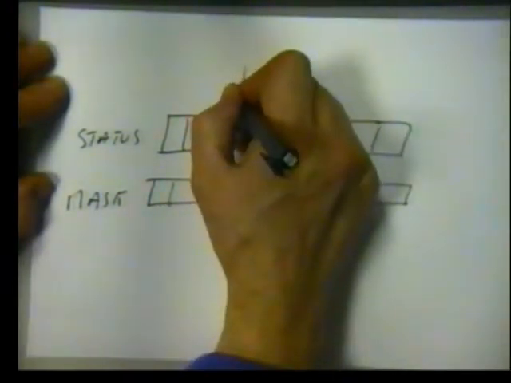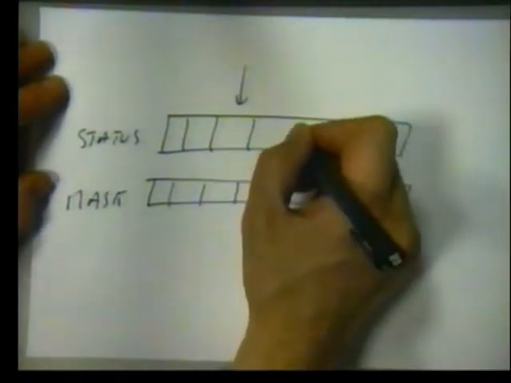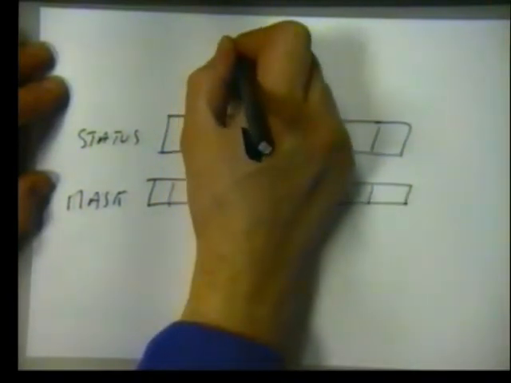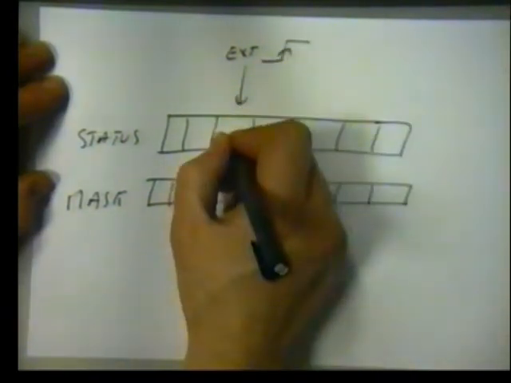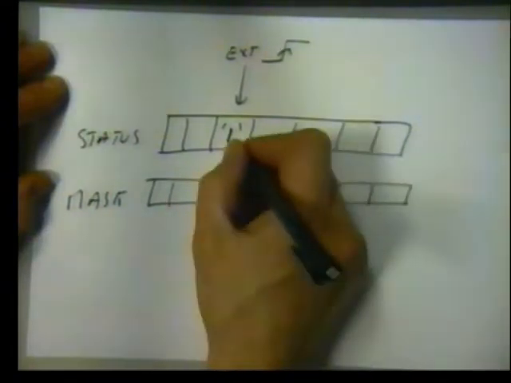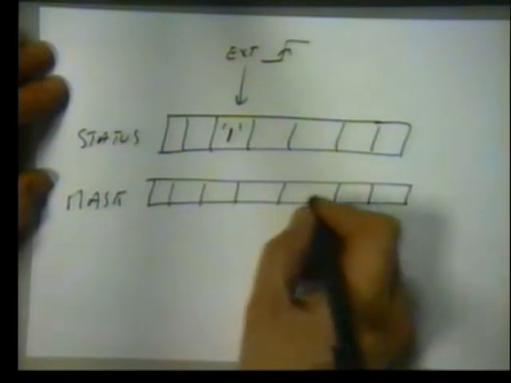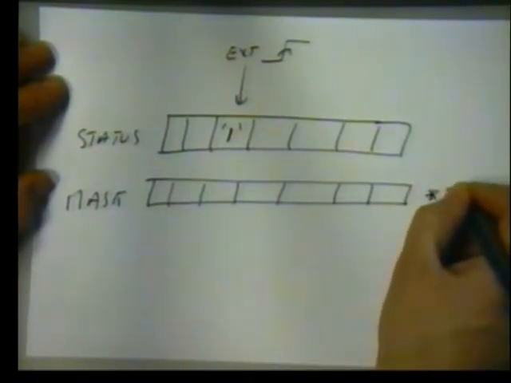Now, as I said, for every location in the status register, there is a bit assigned to a specific interrupt. So if this is the bit for, let us say, the external interrupt, when that rising edge is true, that goes to a 1. And that is signaling this is occurring, this event has happened. The mask register, again, you can access it through a pointer.